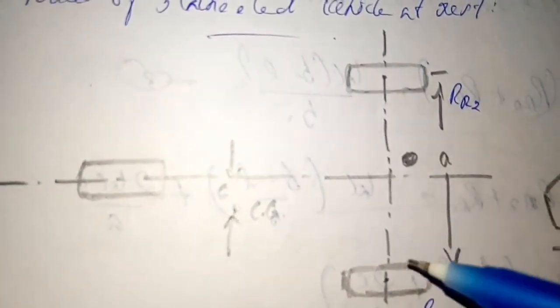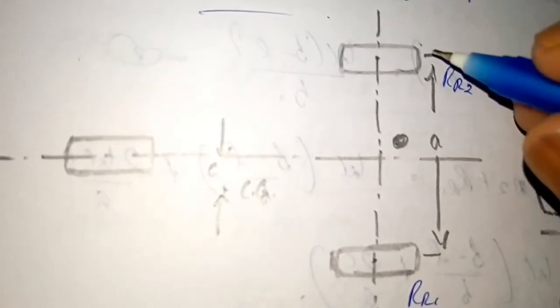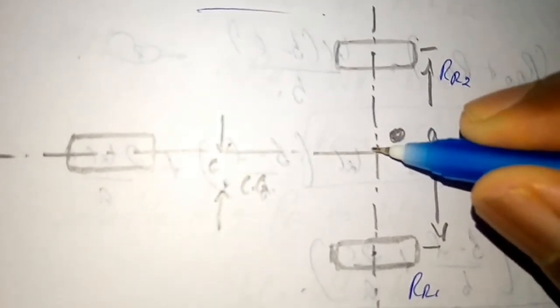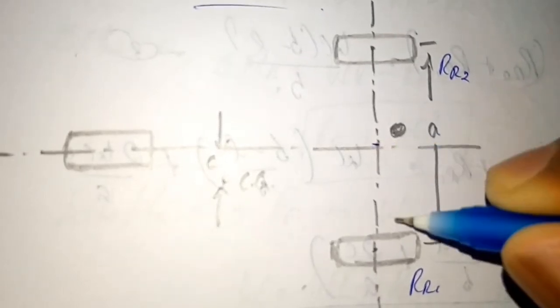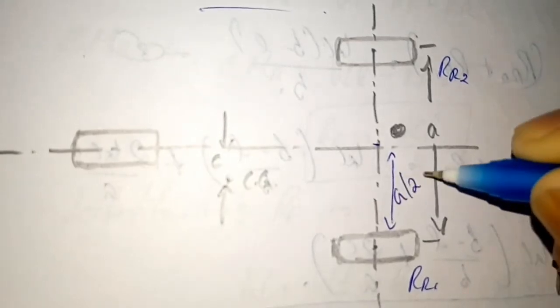The clockwise moment is the moment made by the reaction at the left wheel, which is RR1. It has a magnitude of RR1 into A by 2, because A is the wheel track and we are taking the moment with respect to the center of the vehicle, at the longitudinal axis. So this distance will be A by 2, which is half of the wheel track.